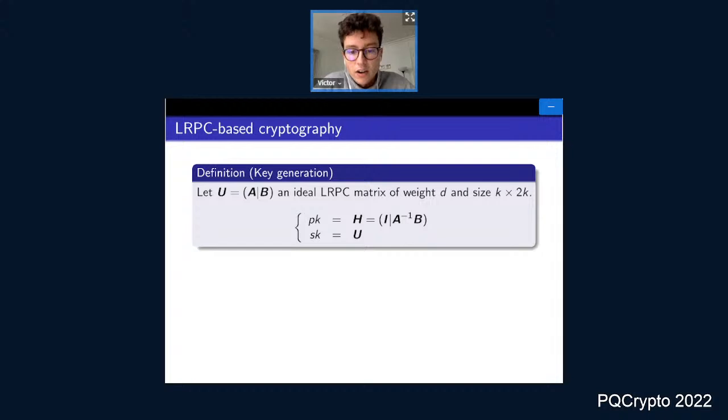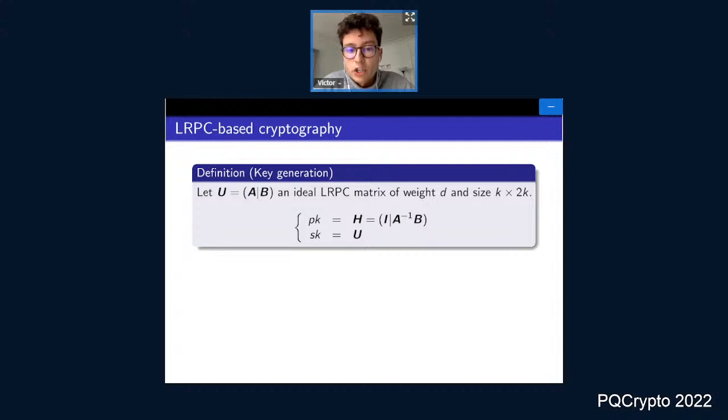So to go more in detail on how our new KEM works, I would like to present first existing LRPC-based cryptography. So it's very much similar to a McEliece cryptosystem.